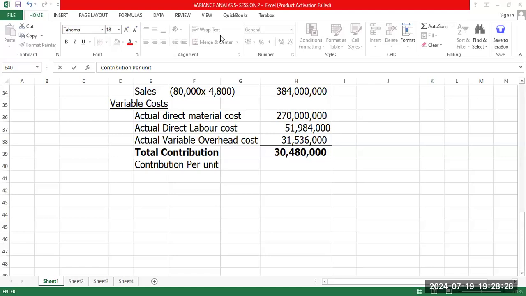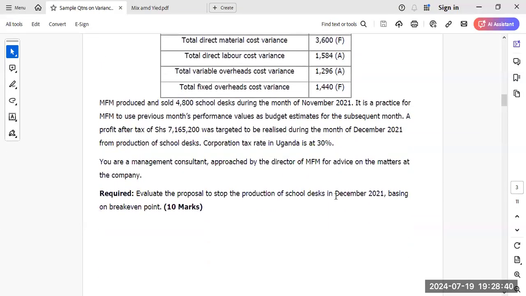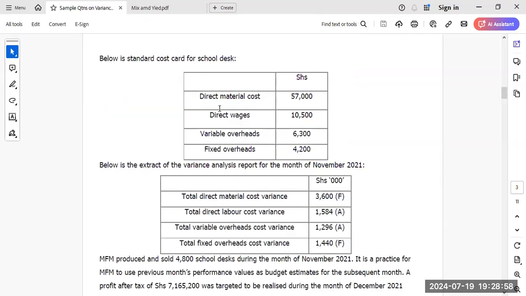The contribution you will be getting is for November 2021, yet we need information for December 2021. That's why you need the actual data. So you cannot rely on the budgeted things. And that's the mistake I think most people made, getting contribution directly from here, which is wrong.